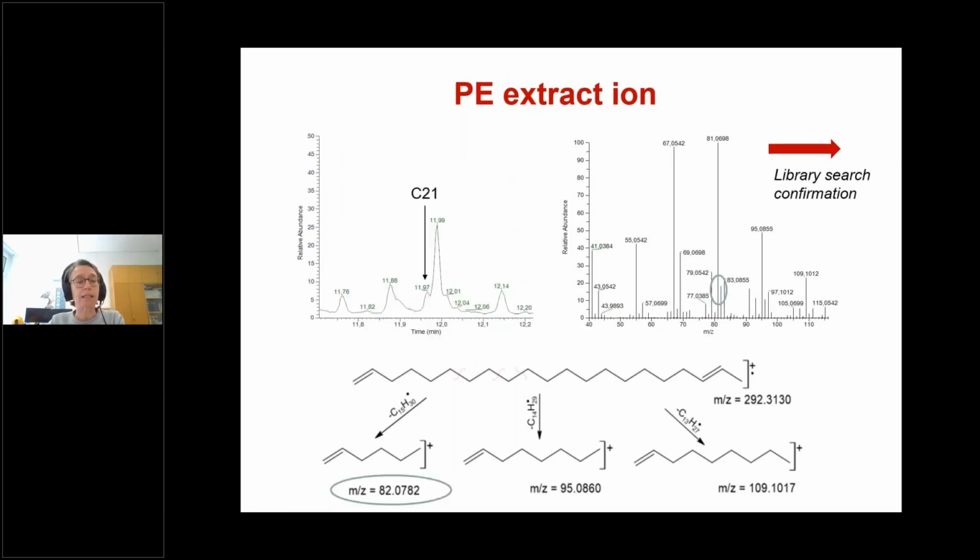In this case, it's not one of the biggest peaks, but it is this compound here, a C21, and we can check that by library confirmation. Therefore, it is the ion at m/z 208.2082 that gives the highest specificity.